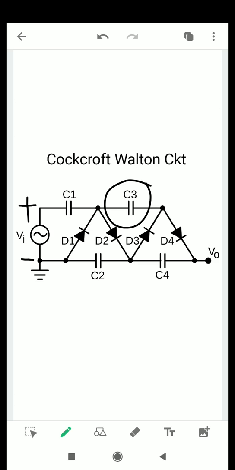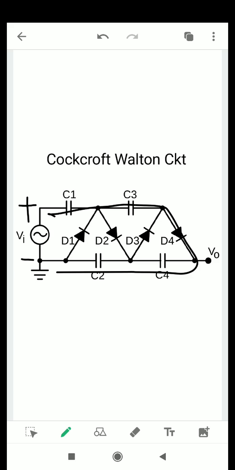Now this junction is at positive potential and this junction is at negative potential. In this condition, diode D4 will come to forward bias condition. So the direction of current will be like this: C1, C3, D4, C4, C2 and the negative terminal of the supply voltage.